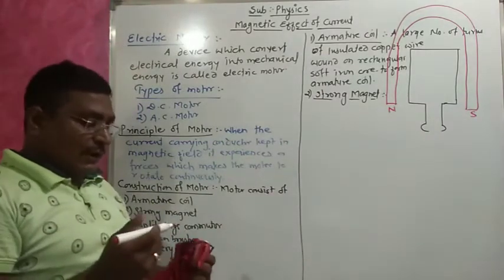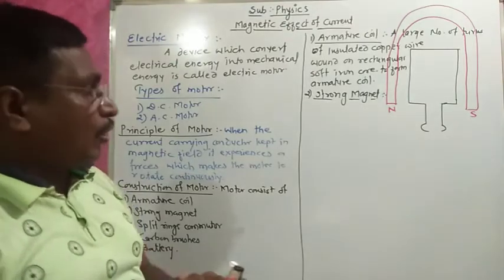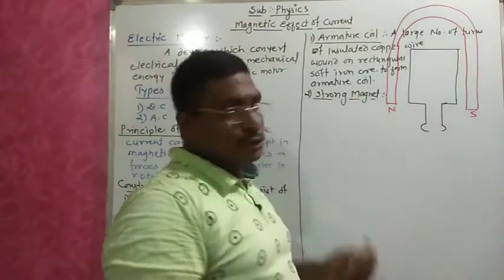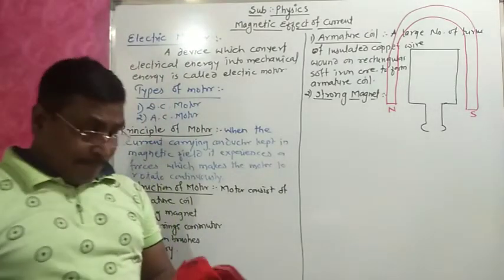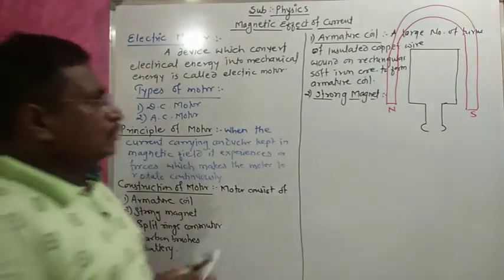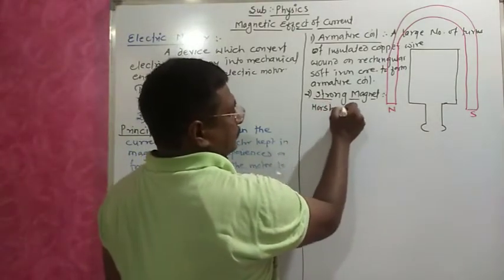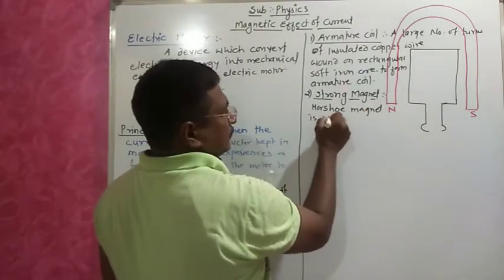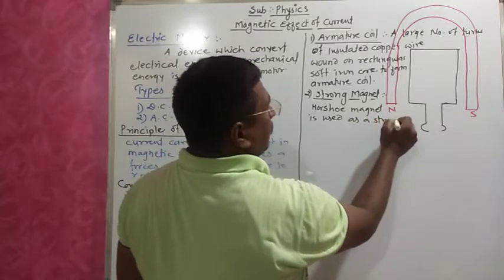So the armature coil is kept between the poles of a horseshoe magnet. A horseshoe magnet is used as a strong magnet.